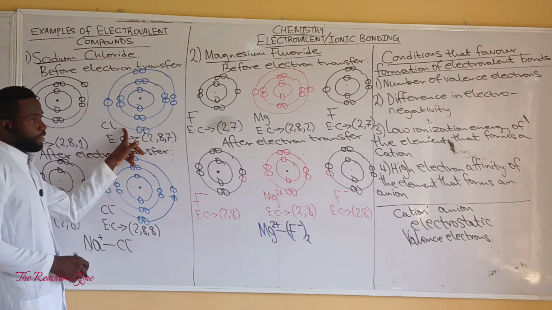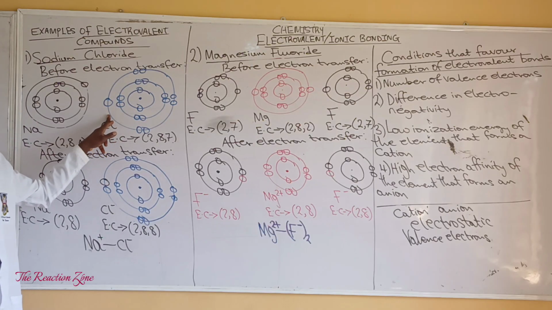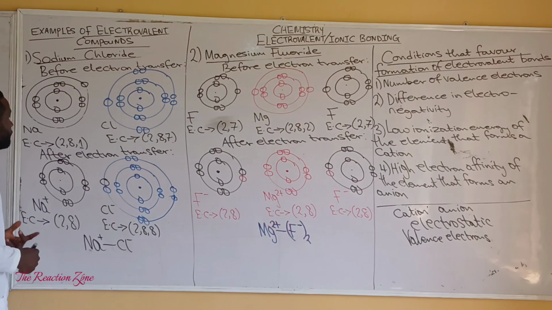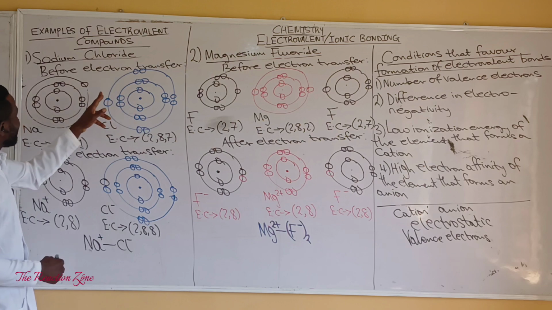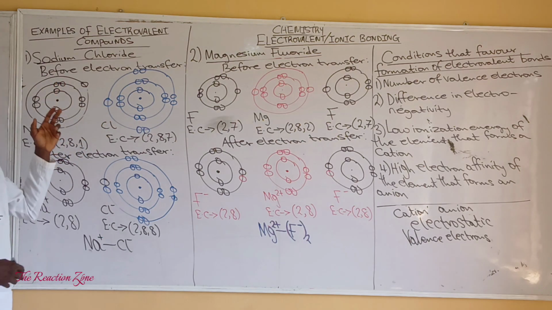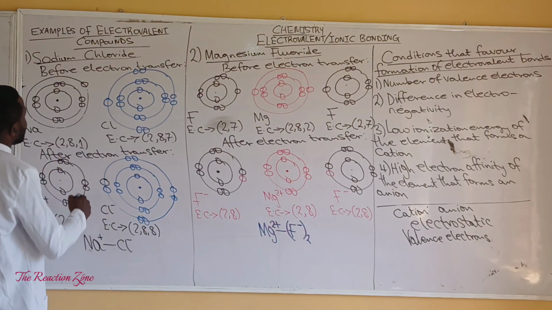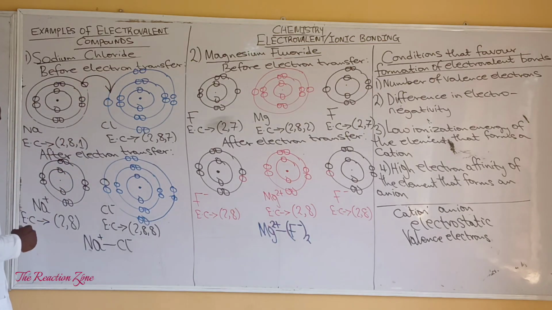Chlorine, on the other hand, requires just 1 more electron in its outermost electron shell to obey the octet rule. It is easier for sodium to transfer this valence electron to chlorine than to get 7 other electrons added to its outermost electron shell. So what happens is that sodium transfers its valence electron to the chlorine atom.